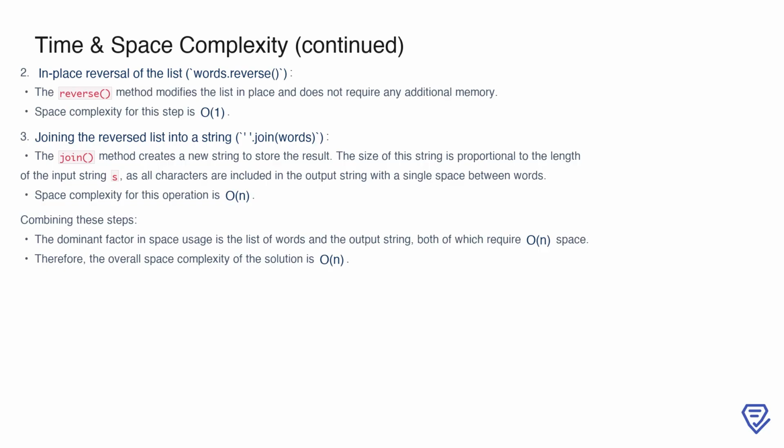However, when we use the join method to create the final string, a new string is allocated, and its size depends on the length of the input string. This step has a space complexity of O(n). Combining these observations, the dominant space usage comes from the list of words created during the split and the final output string, both of which require O(n) space. Therefore, the overall space complexity for this solution is O(n).